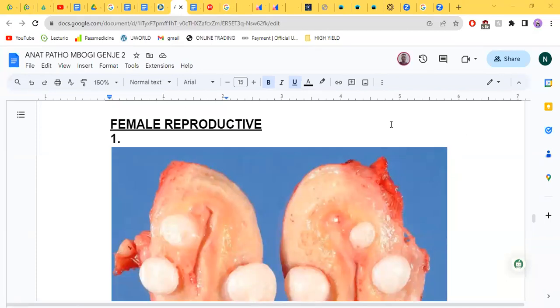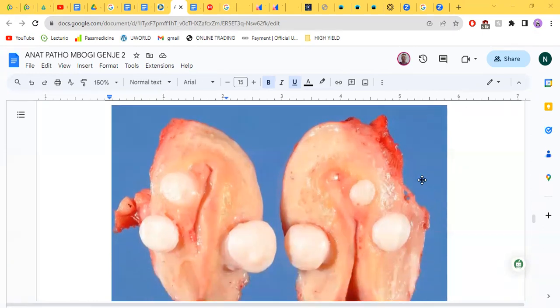Describe the gross morphology. No responses. So I can see, for example, a whitish kind of solid mass, right?